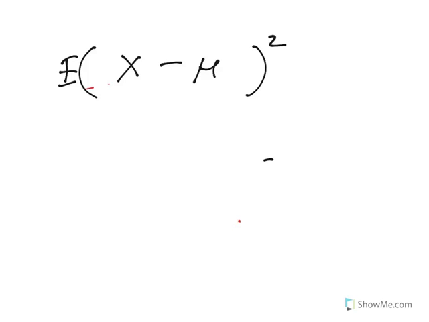So it's like I'm finding a distance between my mean and my random variable, and I square it. The standard deviation measures how far a set of random values are spread out from the mean. So if the deviation is very high, it means the variance is very high.